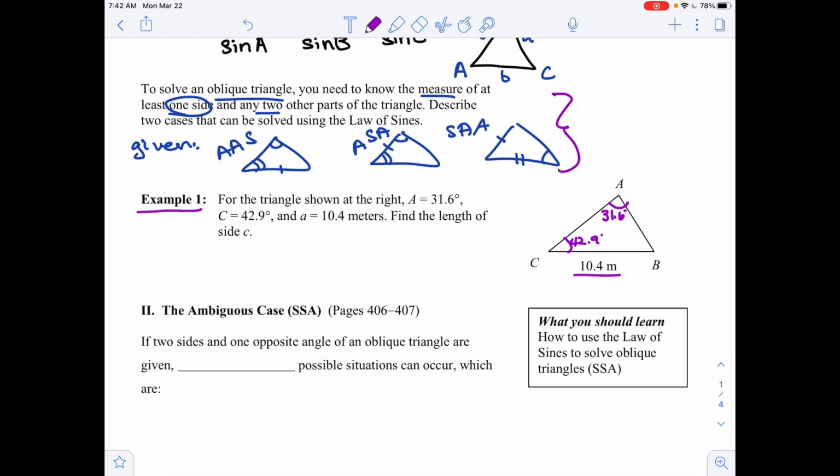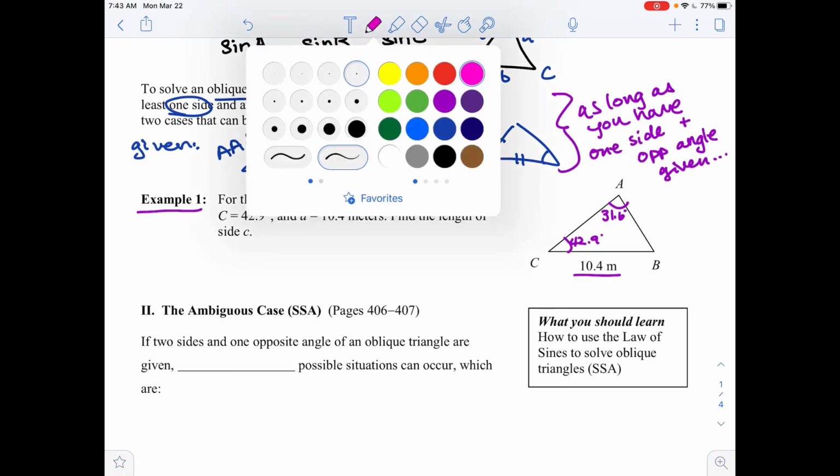Basically, in order for the law of sines to work, as long as you have one side and its opposite angle given, whatever you have left over, the law of sines is still going to work, okay?